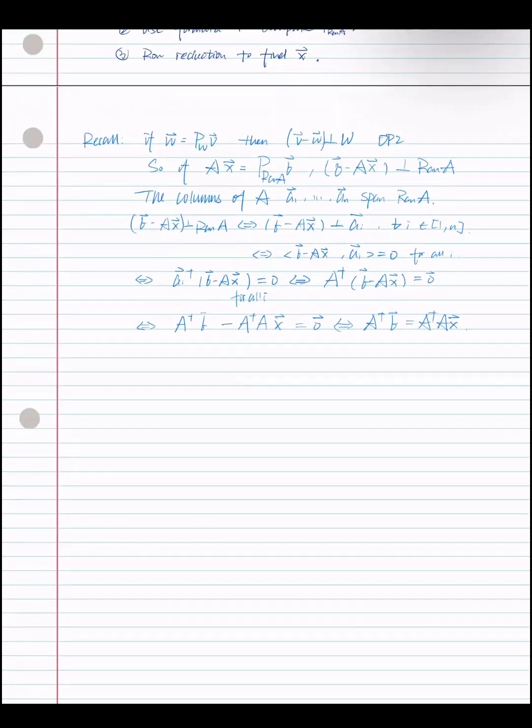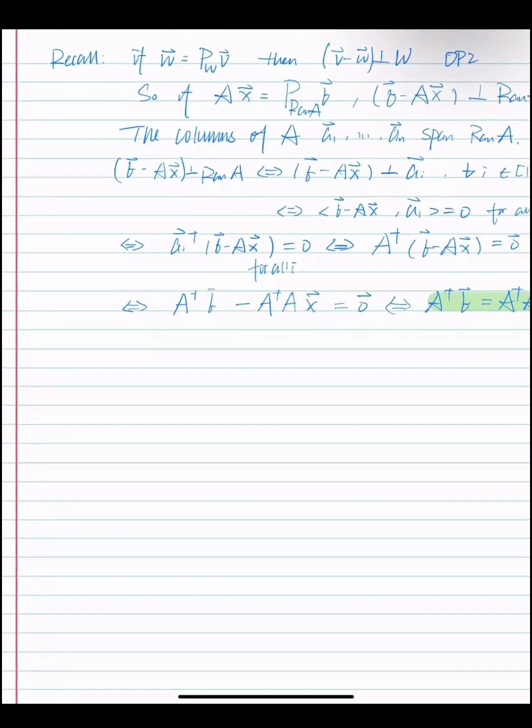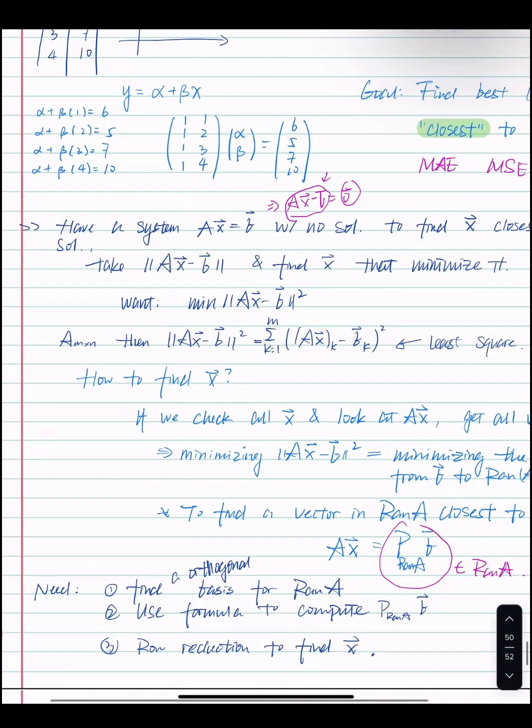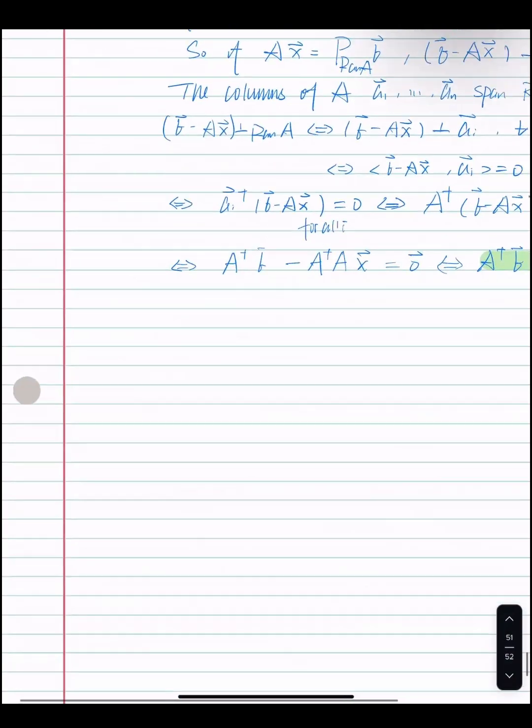So let's find alpha and beta for the example we talked about.